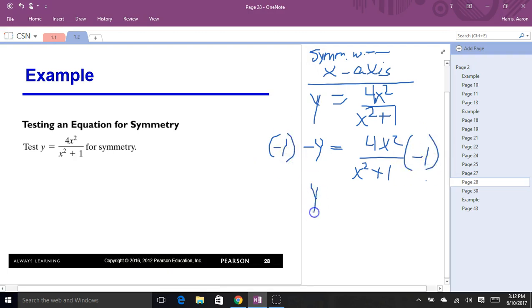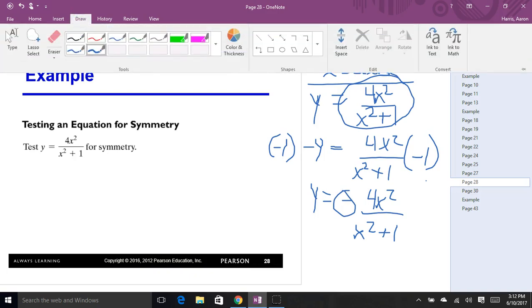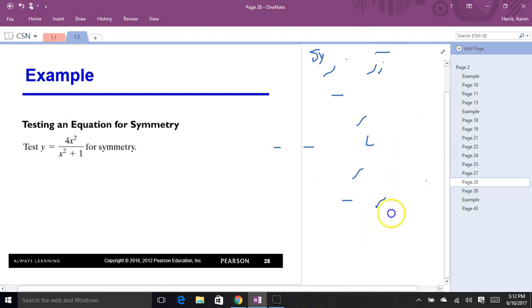So now I have y equals, I'm going to put that negative in front. And I look at that and I say, is that the original? Is that what I started with? No, because obviously I have the negative in front. So this is not symmetric with respect to the x-axis. And then, let me just erase all this real fast.